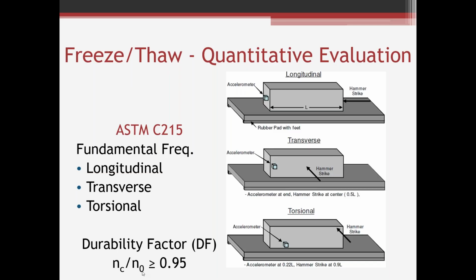And then every 36 cycles, we take it out, we run these tests, and then we figure out what the ratio is of the fundamental frequencies at those cycles versus the initial fundamental frequency. As that fundamental frequency changes as you're going through the freeze thaw action, it tells us that something is changing inside the concrete.